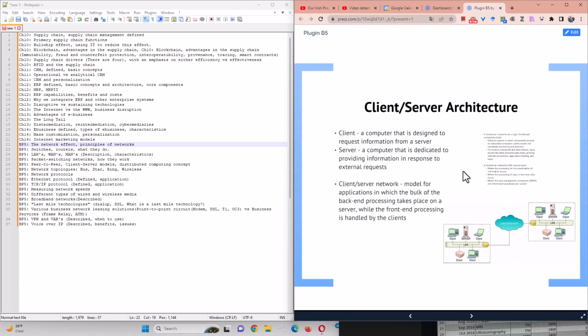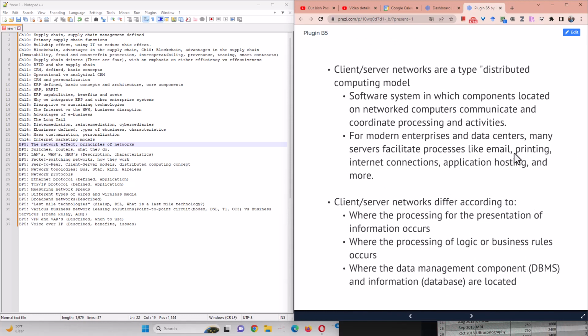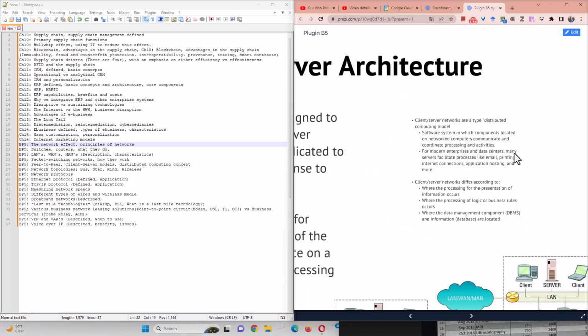Know what a client server architecture is. Know that a client server architecture is a type of distributed computing where basically the processing, data storage, and interface processing are distributed among different devices. Client server networks differ according to, again, where the business logic and the data management reside.